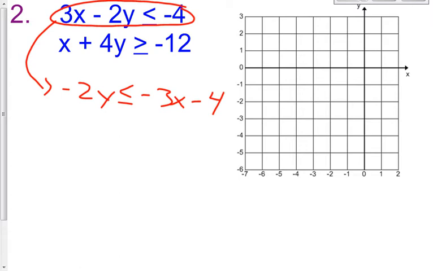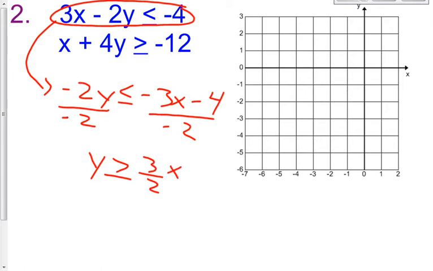I subtracted that 3x to put it on the right side. Divide by negative 2. So now y is greater than or equal to, you have to change the sign there, positive 3/2 x plus 2. So here's going to be one equation that you're going to graph.